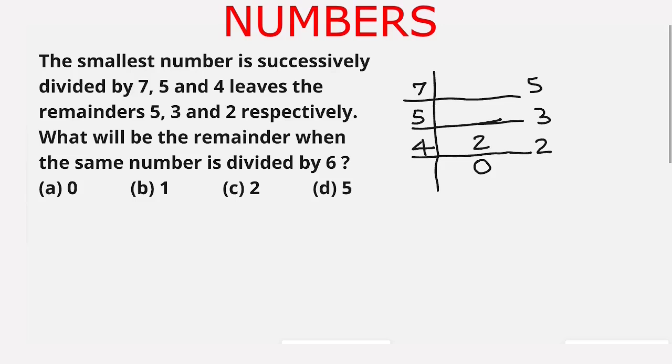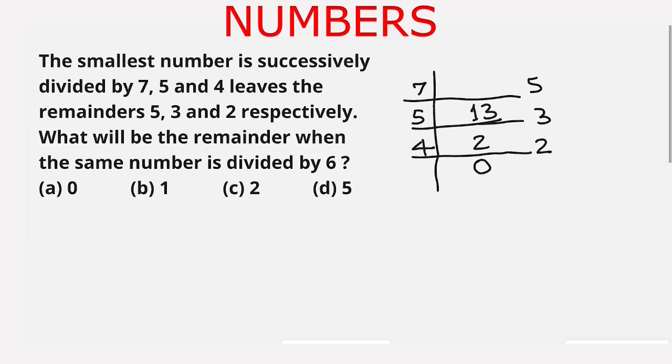Now the quotient becomes 2 and the divisor is 5 and the remainder is 3. So 5 times 2 is 10, and 10 plus 3 is 13.